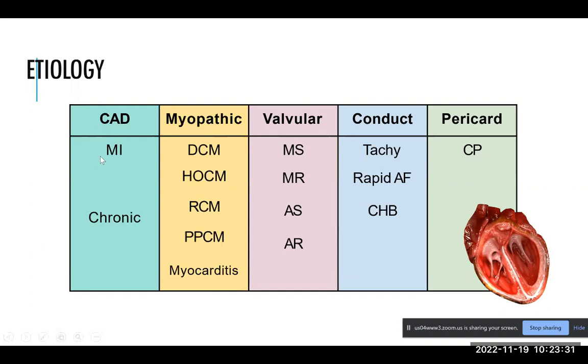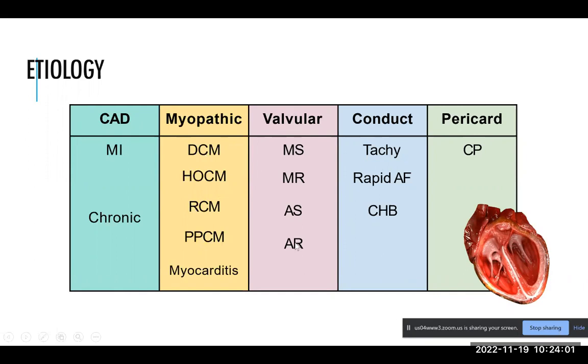So if we look generally at the etiologies of heart failure, we see coronary artery disease, one of the most important things, since it's reversible. It has to be detected. Myocardial infarction or chronic stable ischemic heart disease. Myopathies in general, which is dilated, hypertrophic obstructive, restrictive cardiomyopathy, peripartum cardiomyopathy, or myocarditis.